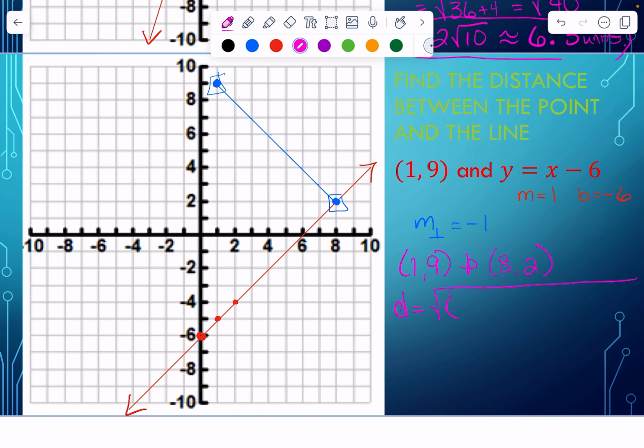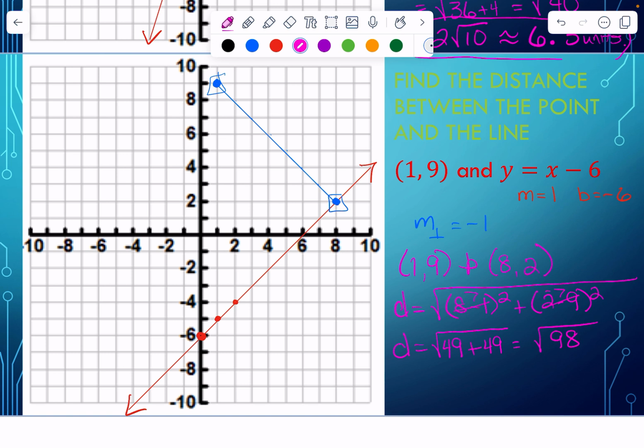Let's go 8 minus 1 this time. So 8 minus 1 squared plus 2 minus 9 squared. So the distance is going to equal 8 minus 1 is 7. 7 squared is 49. Plus 2 minus 9 is -7. -7 quantity squared is 49, which gives me the square root of 98.